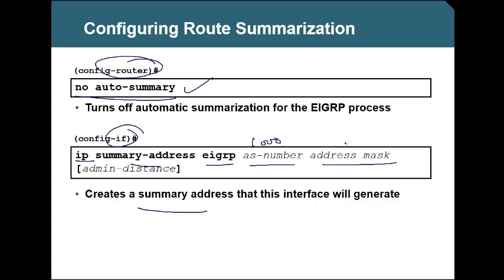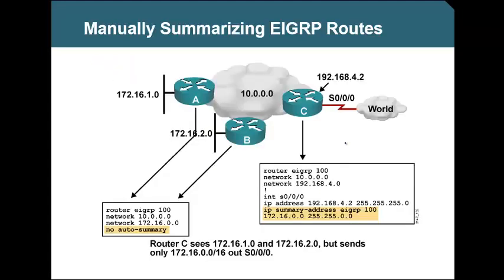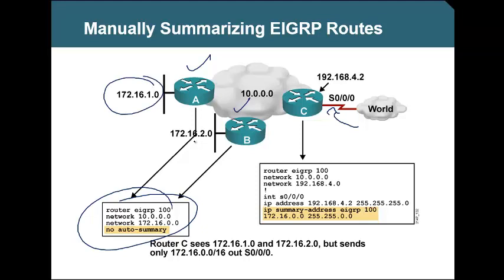Here is an example. On all these routers, we just type no auto summary so that detailed routes will be sent. But we go under the serial interface and we summarize 172.16.1 and 172.16.2 as 172.16.0.0/16.